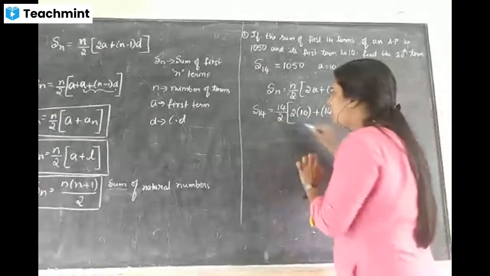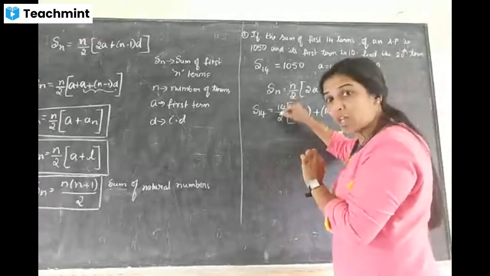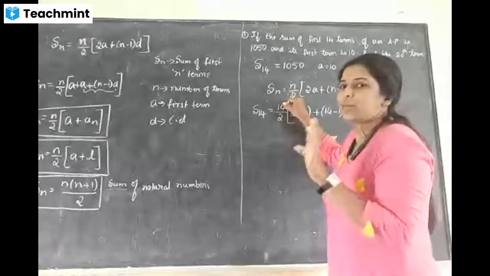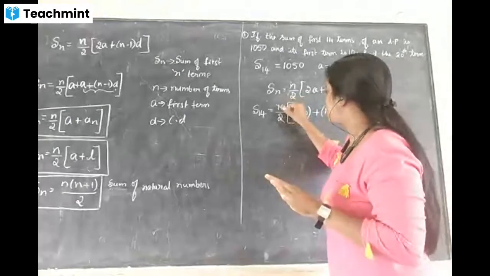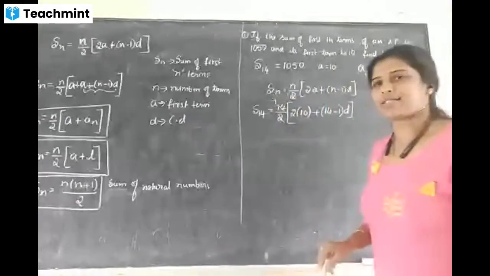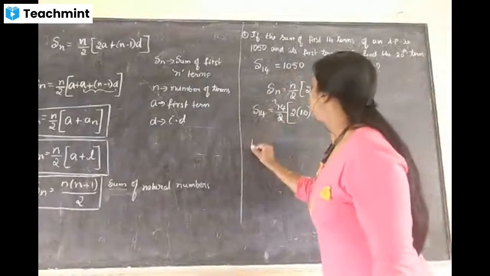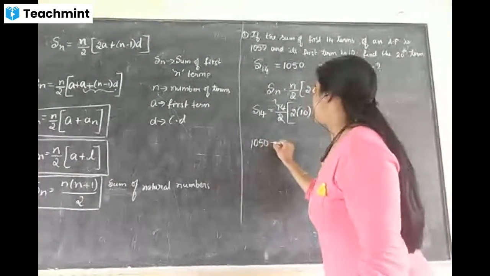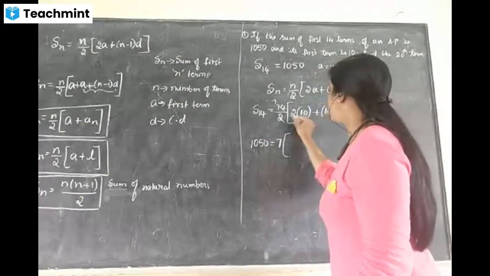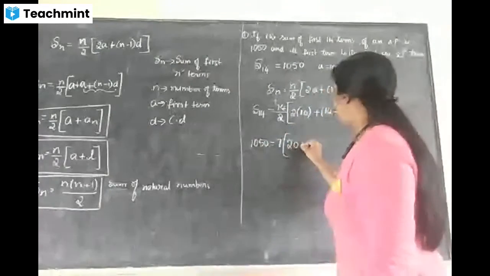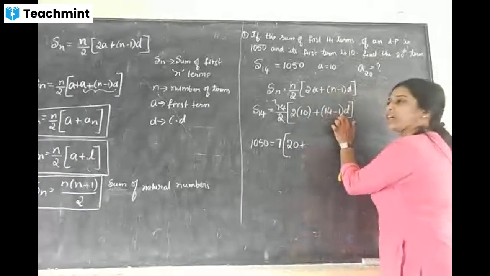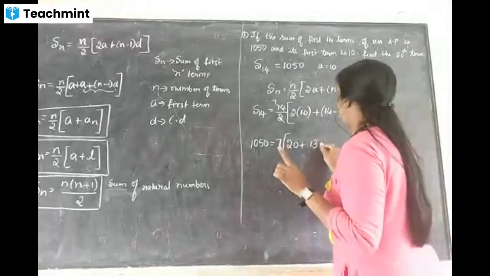Here 2 and 14, cancellation: if it is possible you can cancel, always it is not possible, sometimes it is possible. 7. So S14 value is 1050, that is equal to 7 into, here 2 tens are 20, plus 14 minus 1 is 13d.